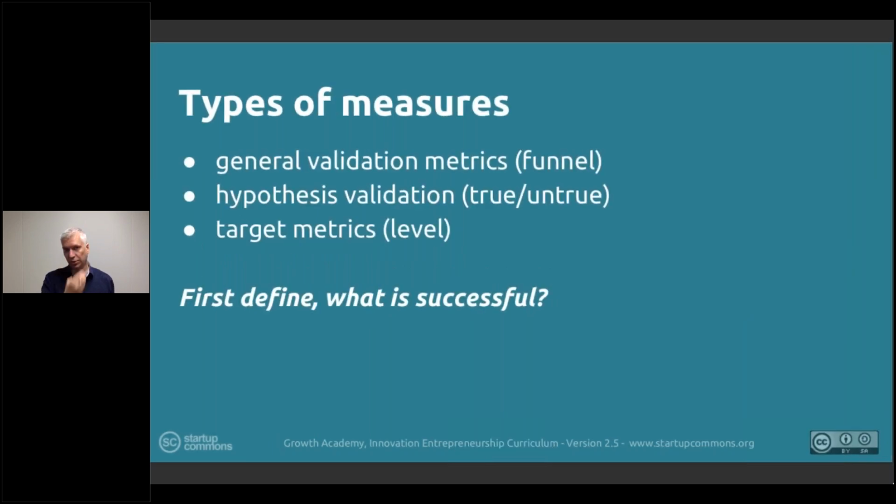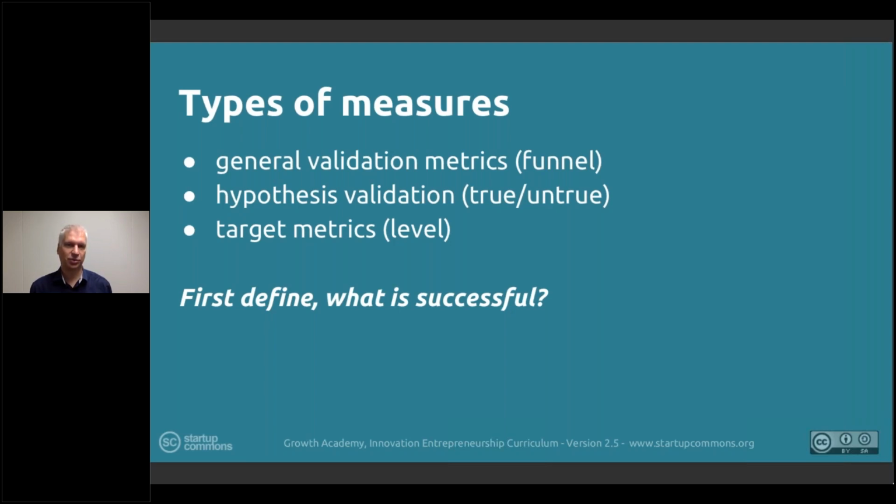So the types of measures are the general validation metrics for the product from the eyes of the funnel. Then hypothesis validation: basically, if we think something is like this in theory, but is it so in practice?